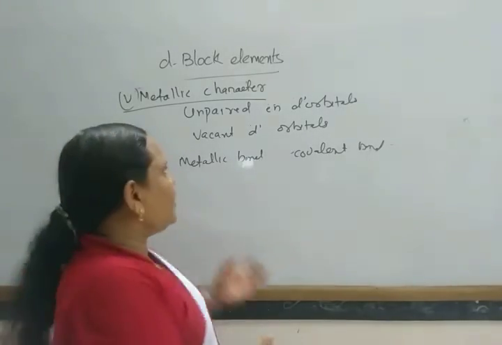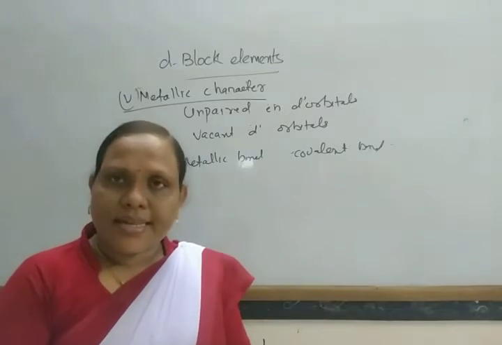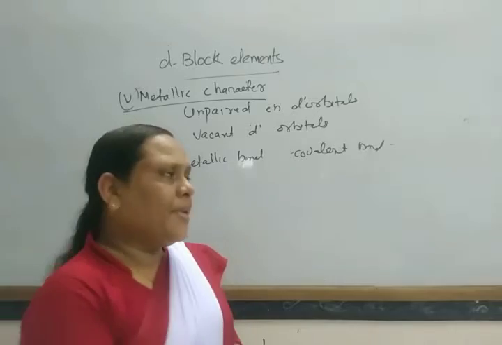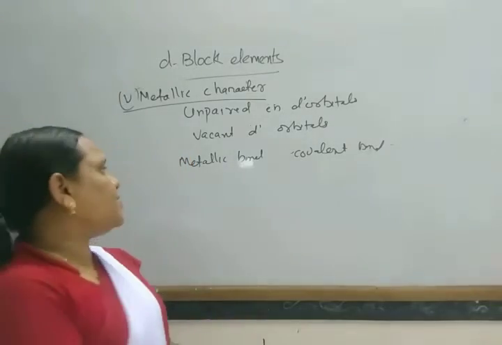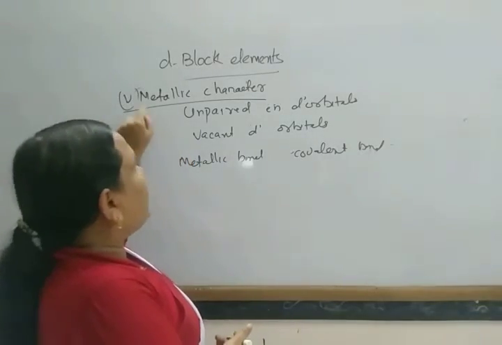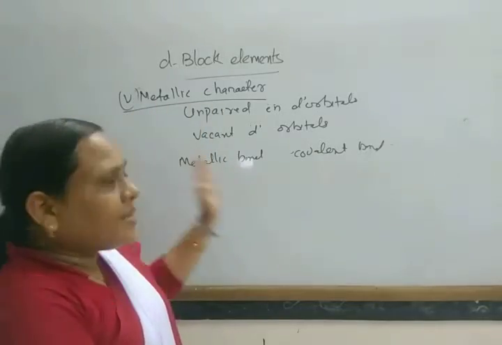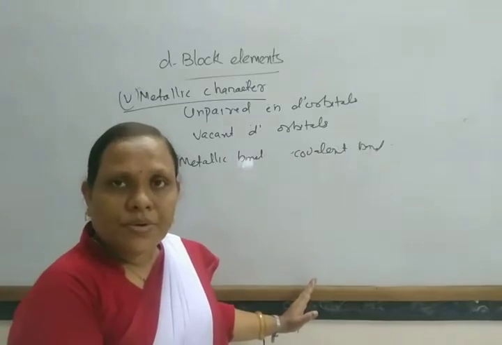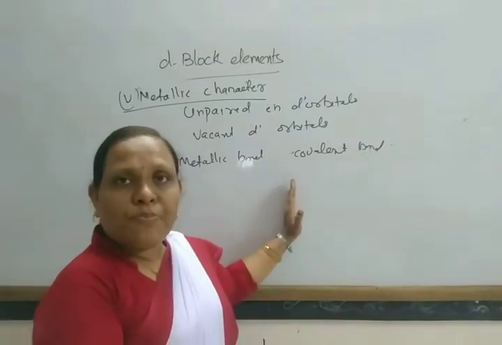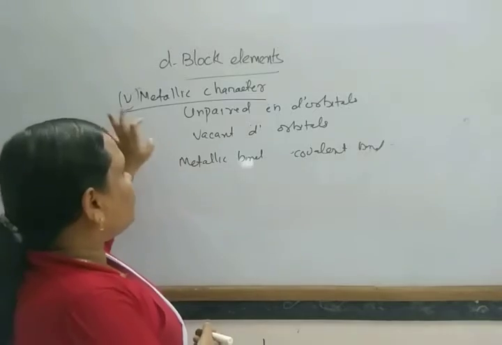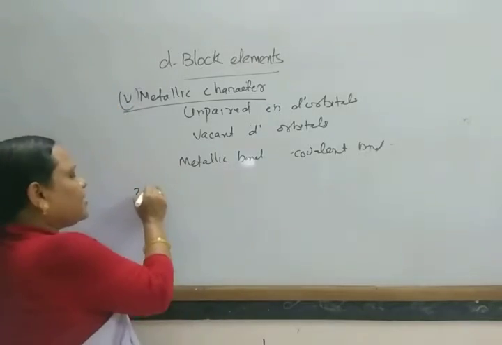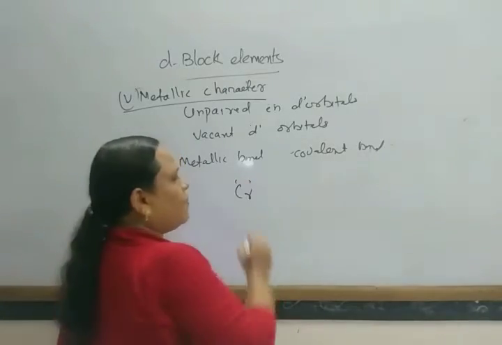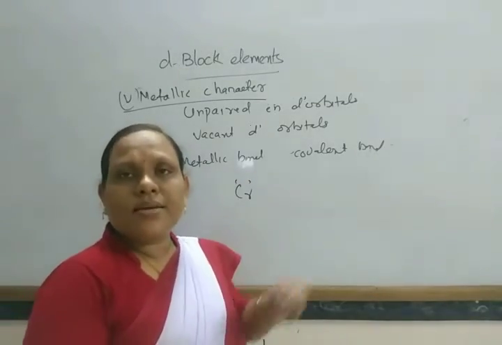All the transition elements are metals except mercury, which is a liquid. All others are solids at room temperature. The metallic character increases up to the maximum number of unpaired electrons. In the 3d series, the metallic character increases up to chromium, and then decreases.